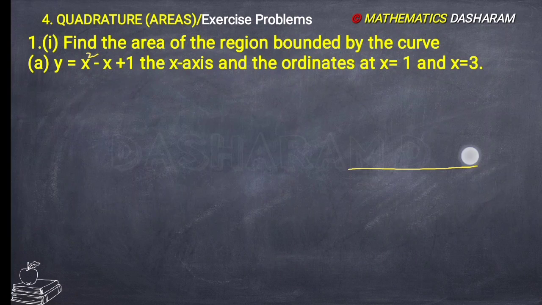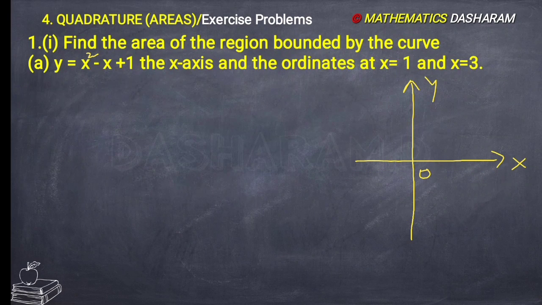So first draw the coordinate axes, x-axis and y-axis, and here y equals x square minus x plus 1. That means this is a graph of a parabola. So this parabola will not intersect the x-axis because there are no real roots for this.